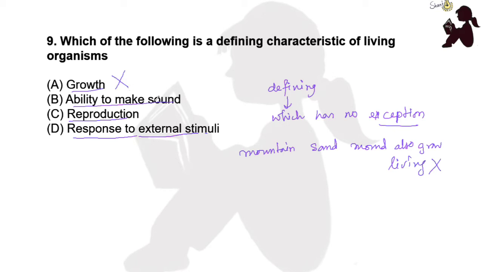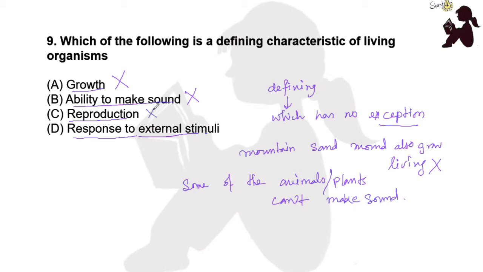So growth is not a defining feature. Then ability to make sound. This is also not true because some animals or plants can't make sound. So this is also non-defining. Then the third option is reproduction.